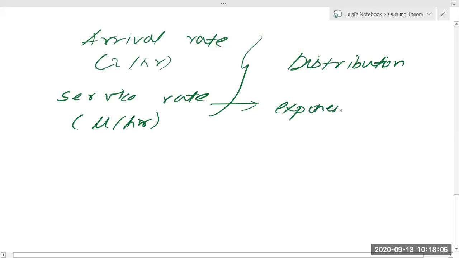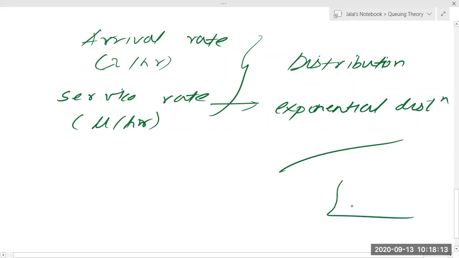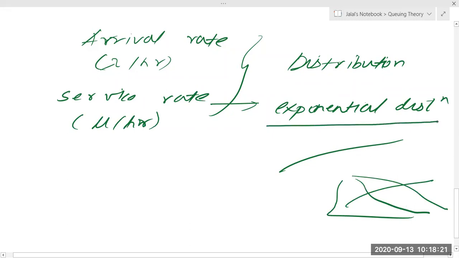The service rate distribution is called exponential distribution. I'm just giving you the term. You can understand it if you know what exponential is, a curve rising or decreasing in this way. So the service rate is assumed to be exponential in nature, and the arrival rate is assumed to be Poisson in nature, because Poisson introduced the arrival concept, how arrival happens in a queuing model.